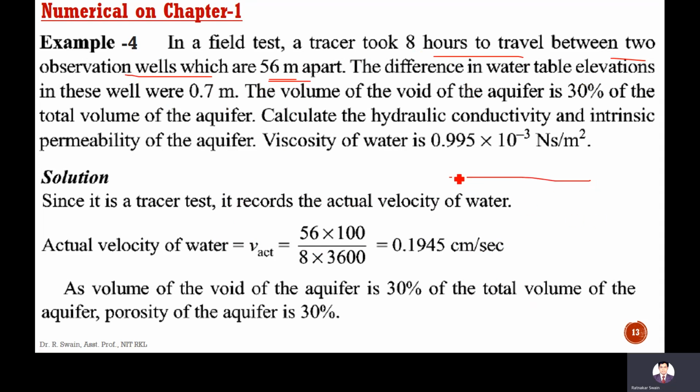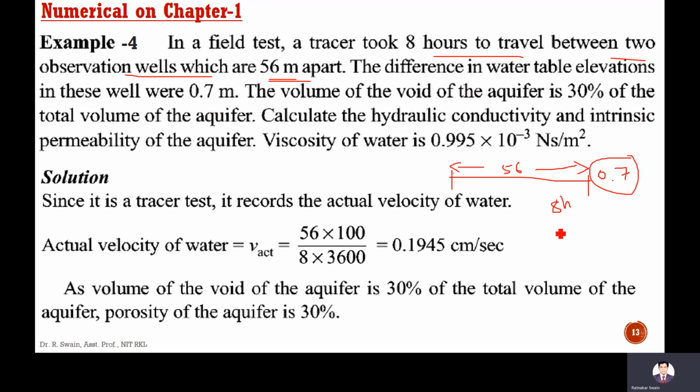Here is one well, another well is here, and the difference of water table elevation is 0.7 meter, and 56 is the length between these 2 wells. It takes 8 hours for this 0.7 drawdown.